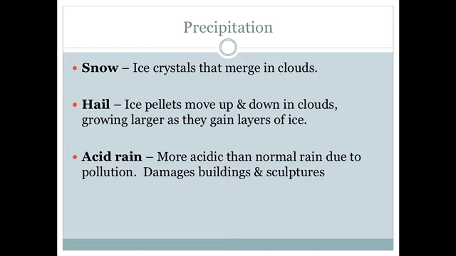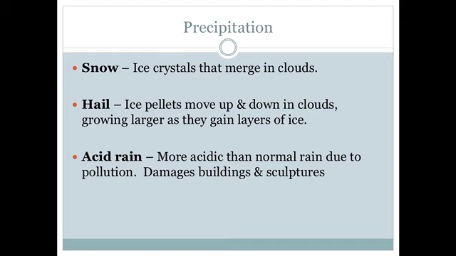Snow. Snow is ice crystals that merge in clouds. Hail is ice pellets that move up and down constantly in clouds, growing larger as they gain layers of ice. So those ice pellets are constantly moving up and down and up and down in clouds.